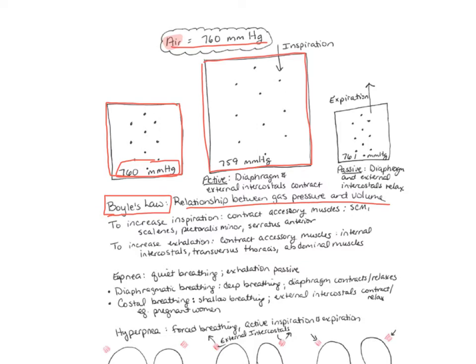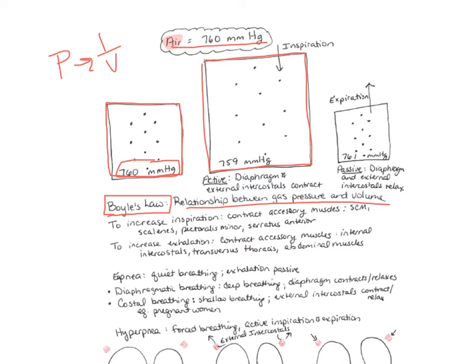The pressure is going to go down because now those molecules have more room. So they're not going to be bouncing against each other as much. So what this law says is that the pressure inside the container is inversely related to the volume. That's what that is saying. So if you can expand the area, you're decreasing the pressure.